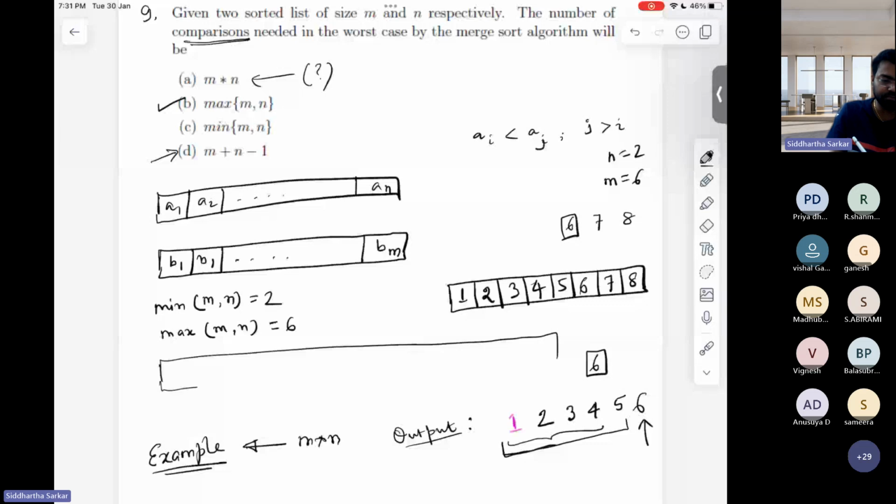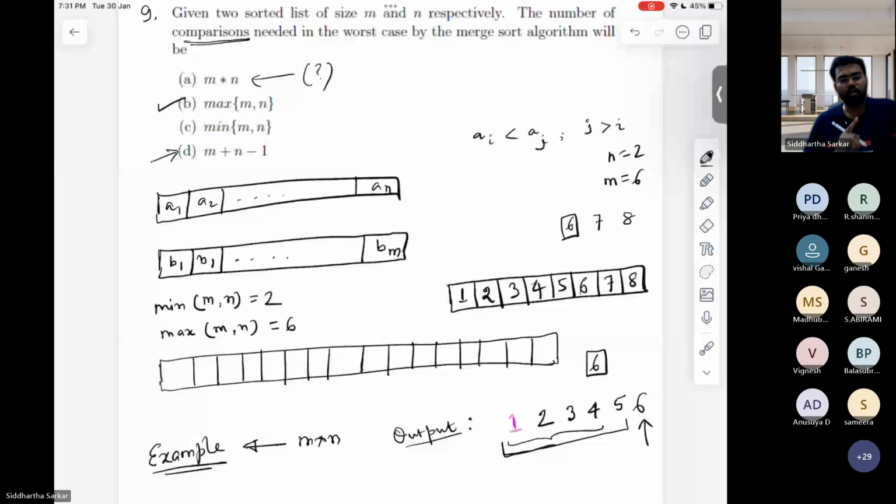That is our target. So we want to obtain this array, which is containing all the elements in these two arrays, but in sorted order. So to fill this array, at most one comparison will be required per element. That's what his argument is.